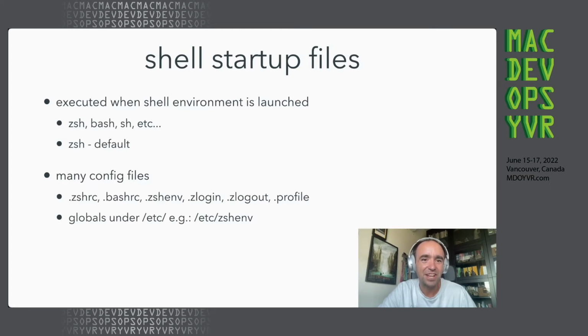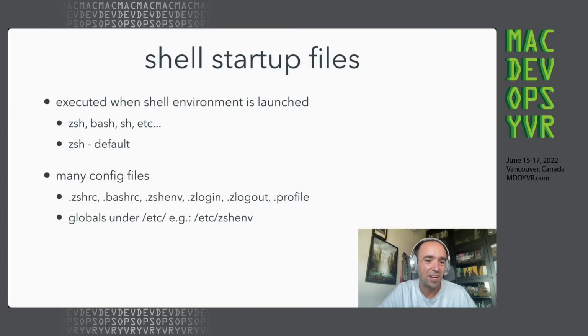All these shell environments execute various config files. For example, zshrc, which is typically used for user configuration, bashrc for bash. There is also zshenv, zlogin, zlogout, which are executed when we log in and log out of a shell.